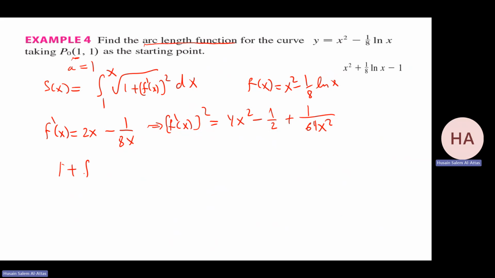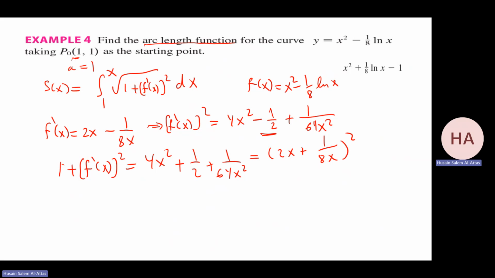So now 1, the same trick. That would make minus half plus half. And this I can rewrite again as 2x plus, now in this case, 1 over 8x all squared.